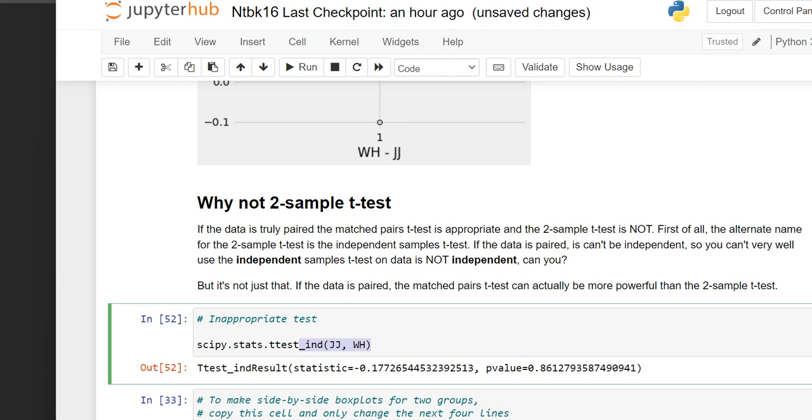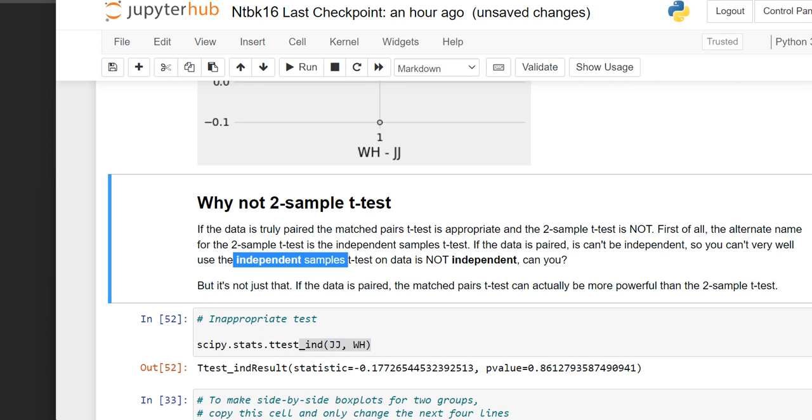Now this is an illustration, and the point is that they don't just spit out the same thing. The two sample t-test is meant to be for two independent samples. And with matched pairs, there is a dependence in the sample. It's the same people taking the pretest as they're taking the post-test. It's the same raters tasting the JJ sandwich as they're tasting the Wirehouse sandwich.